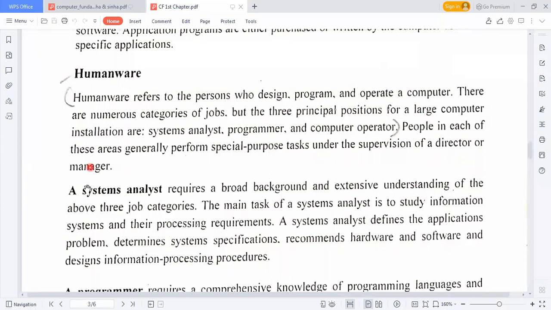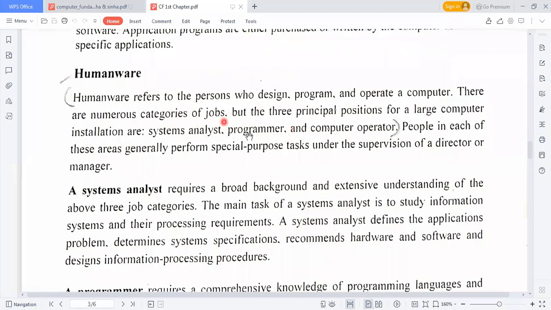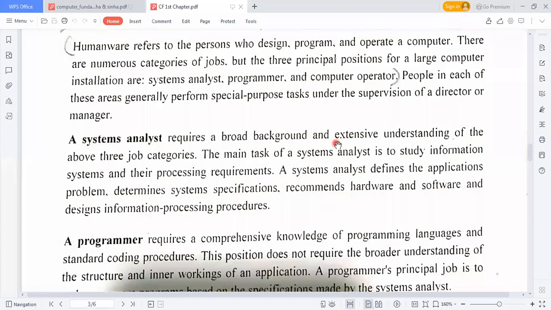Okay. So what is a system analyst? A system analyst requires a broad background and extensive understanding of the above three jobs, that means system analyst, programmer, and computer operator. So they must have these three ideas.